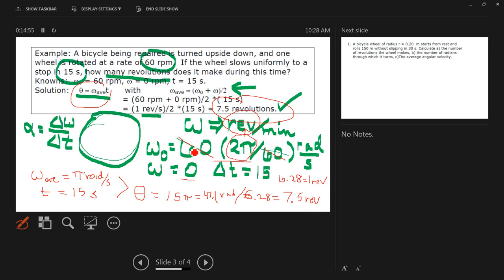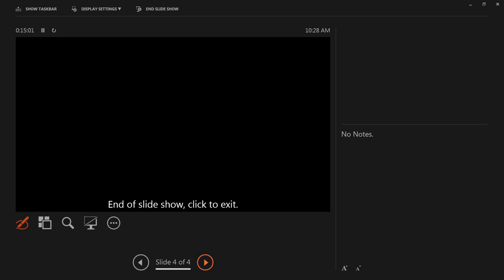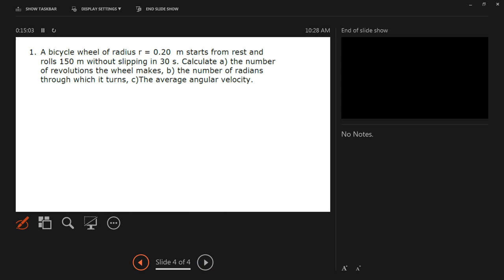Okay, let's take a look at another problem then. A bicycle wheel starts from rest and rolls 150 meters without slipping.